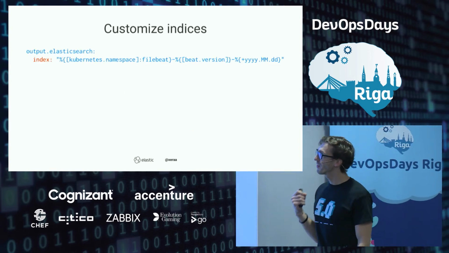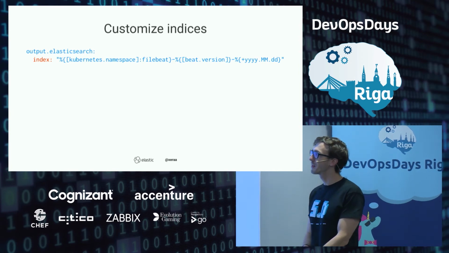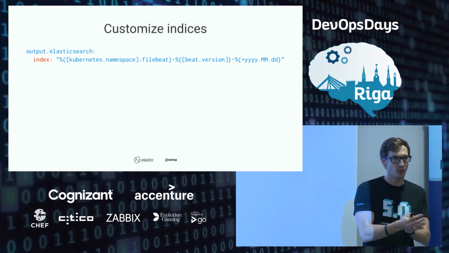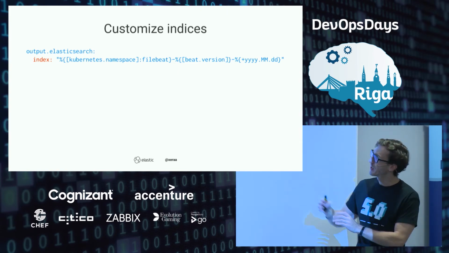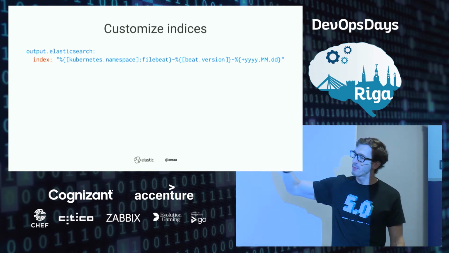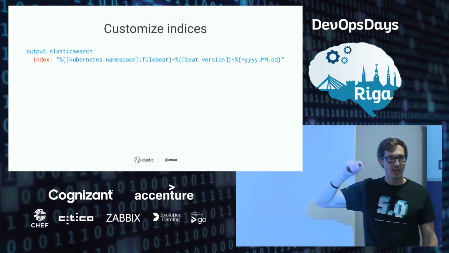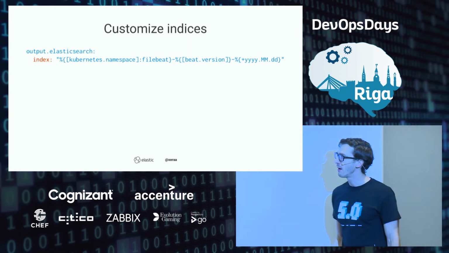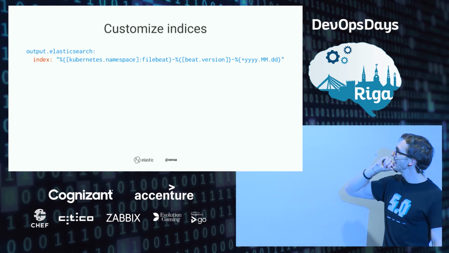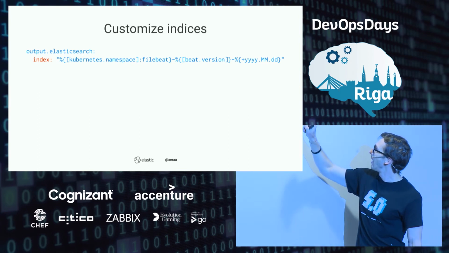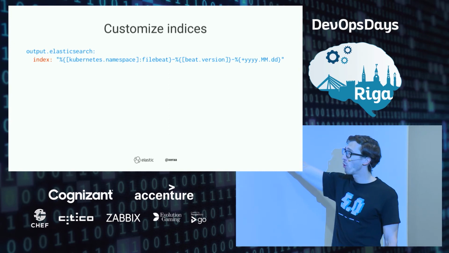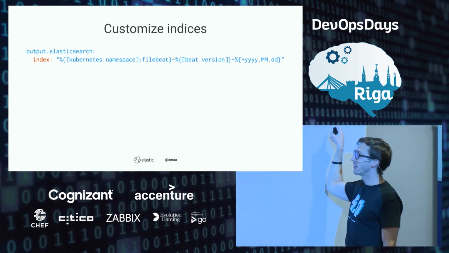One thing that I find very useful is if you have multiple namespaces, you might want to have different indices where you log based on a namespace. In the output where we store the information, you can use that meta information as well to customize the index where this is going. So here, for example, my namespace was Redis in my previous example, so that index would be redis-, whatever Filebeat version you have, which would be 6.4.1 today, and then we would have a daily pattern.